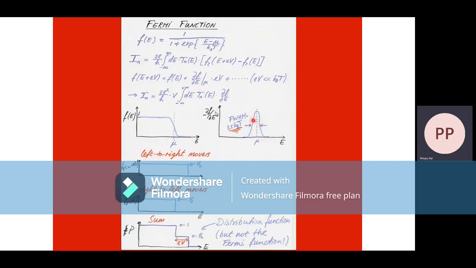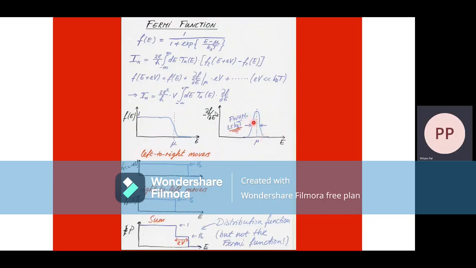And since we brought the Fermi function into the discussion, it's also important to note that in this highly ballistic quantum system, there are particles going from left to right, and there are particles going from right to left.